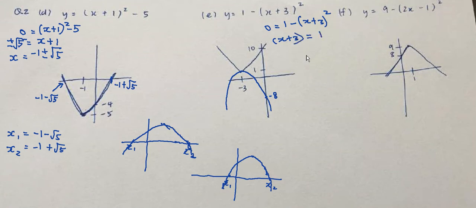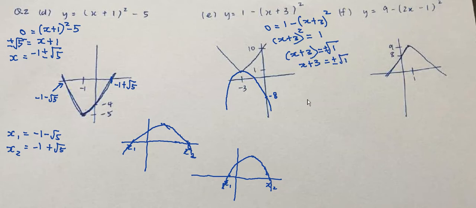Now you have a square here, and taking the square root of 1 gives plus minus. So x plus 3 equals plus minus 1.